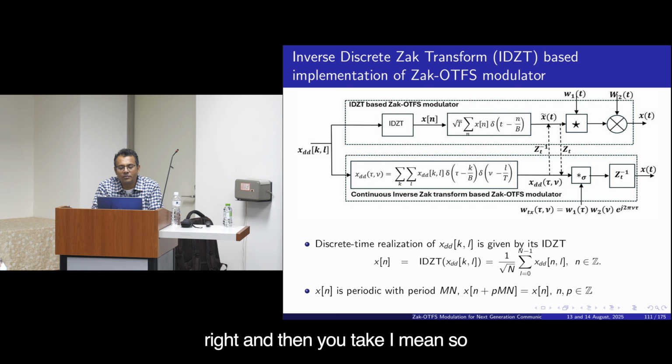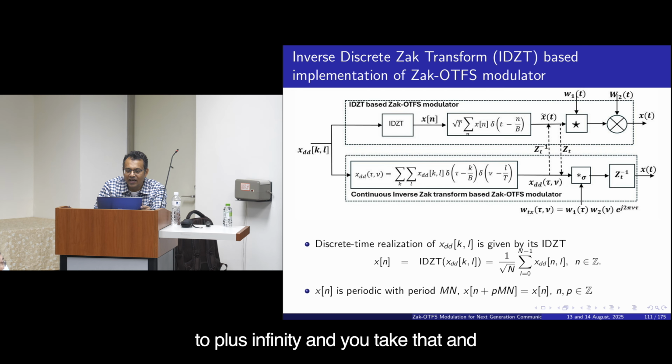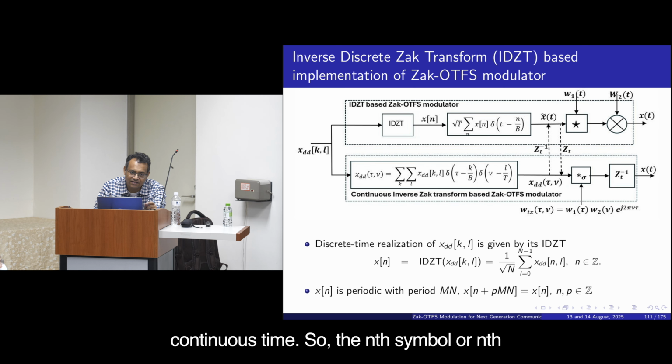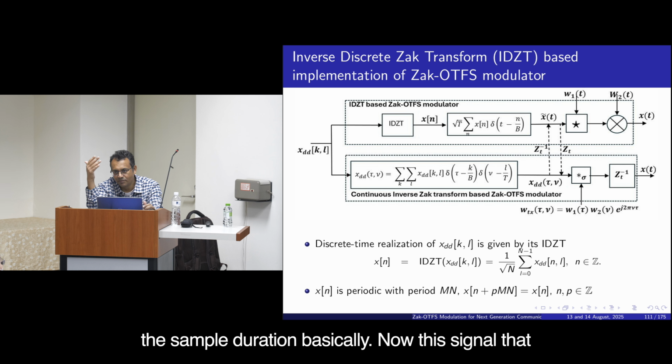And then you take, so xn is not limited in time. It is n, small n is going from minus infinity to plus infinity. And you take that and you put it onto Dirac deltas in continuous time. So the nth symbol or nth sample is put on a Dirac delta at the time instance n over capital B. So 1 over capital B is the sample duration basically.